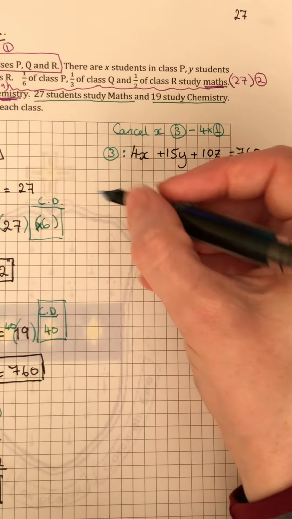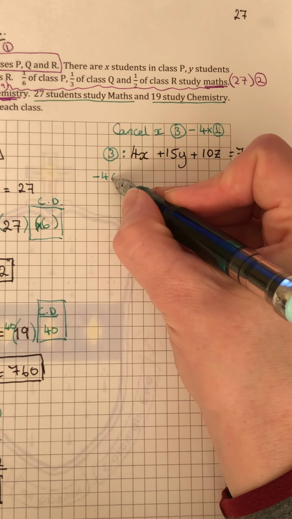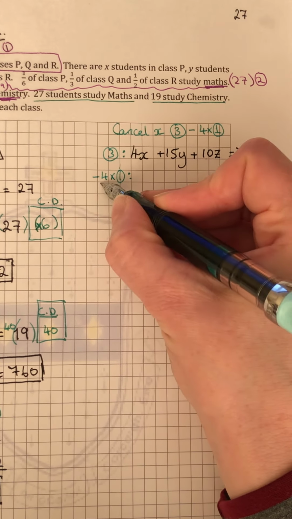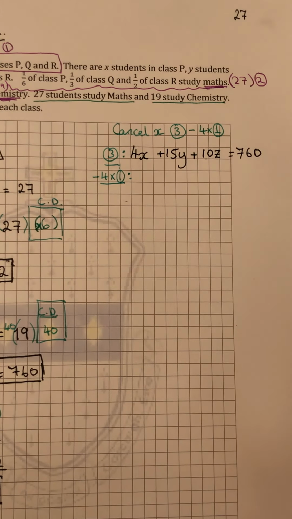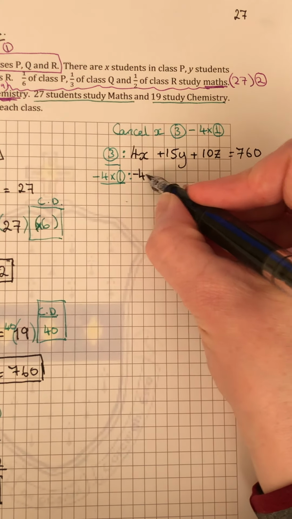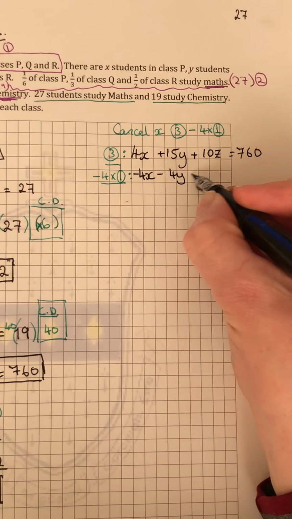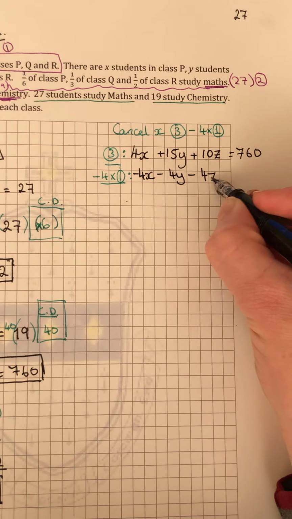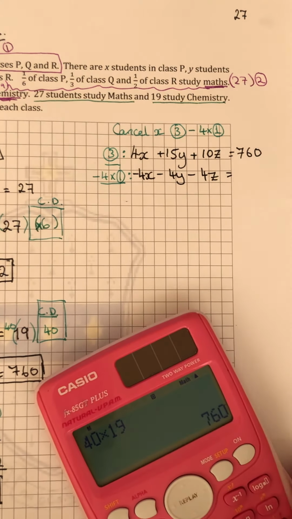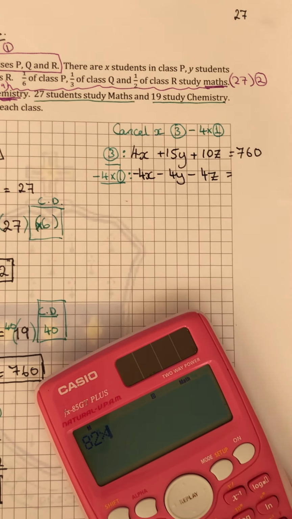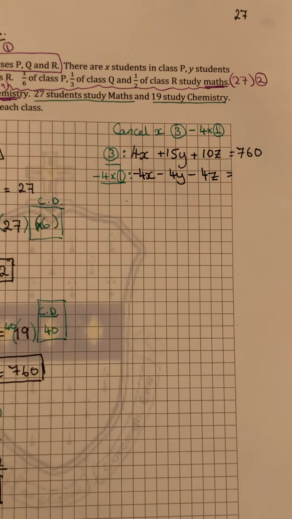And then take away 4 times equation 1. So I have minus 4x minus 4y minus 4z equals 82 times minus 4, minus 328.